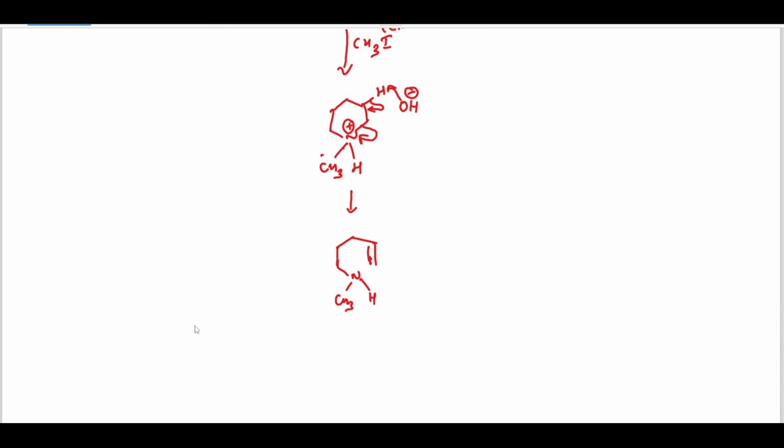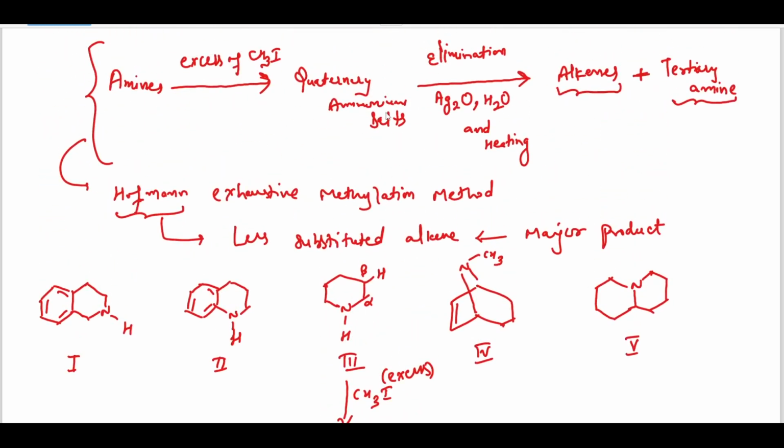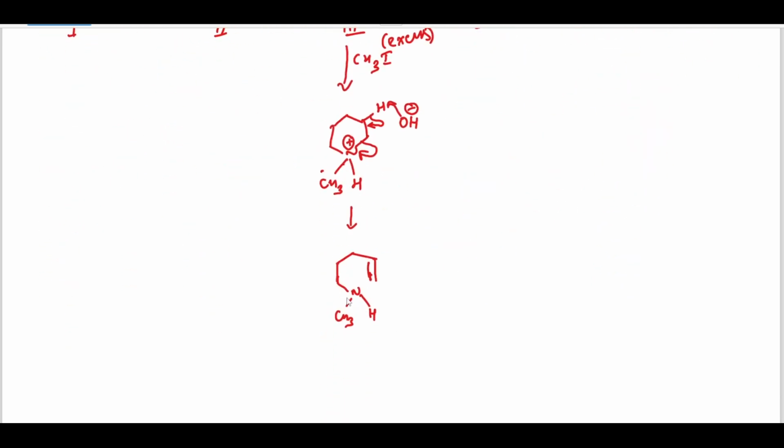Okay. After that, this is exhaustive methylation. So in this, from amines, first of all, quaternary ammonium salts will be formed. But here, still, there is a secondary amine. After that, further, methyl iodide will react and it will be methylated.